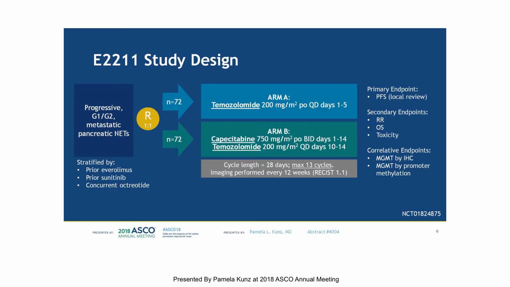They randomized people, 72 in each arm, to one drug versus 2-drug chemotherapy, and they chose to give no more than 13 cycles of treatment. Because we're nerds and we like to measure apples with apples, I will point out this was a Braeburn apple versus a Granny Smith. They're both apples.